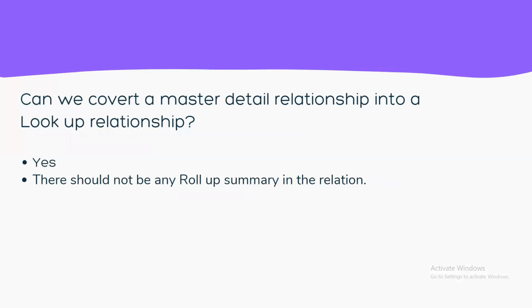Can we convert a master detail relationship into a lookup relationship? The answer is yes. There is one condition, that there should not be any roll-up summary in the relation. So you can mention this point, and it will be a plus point.